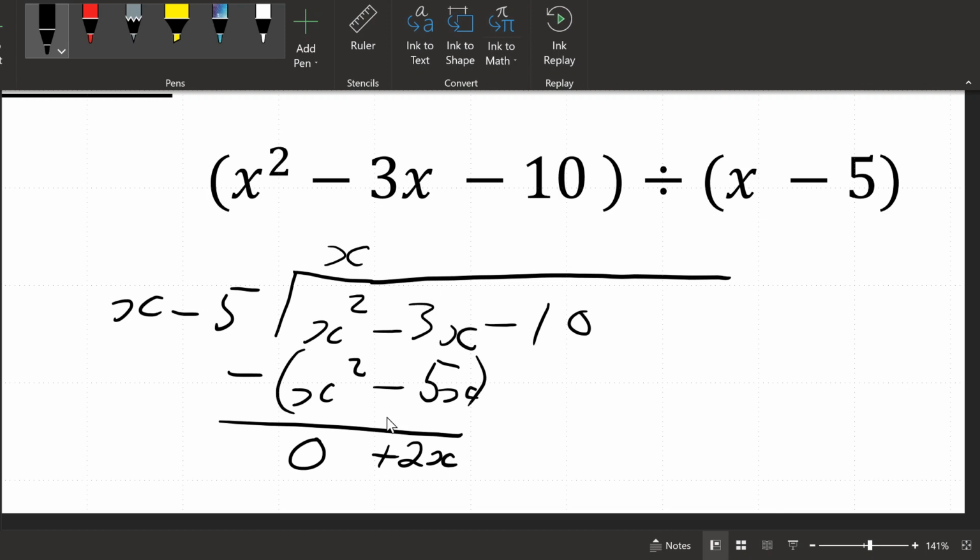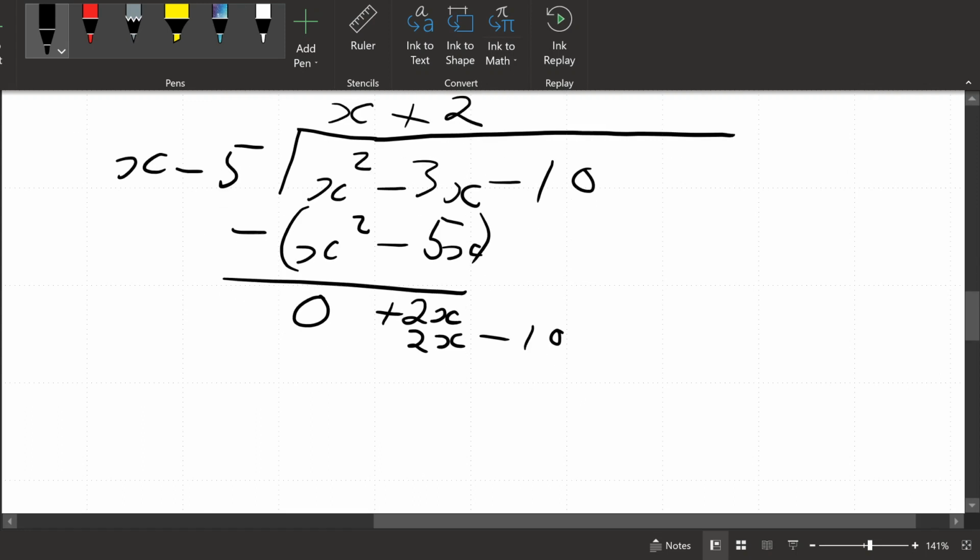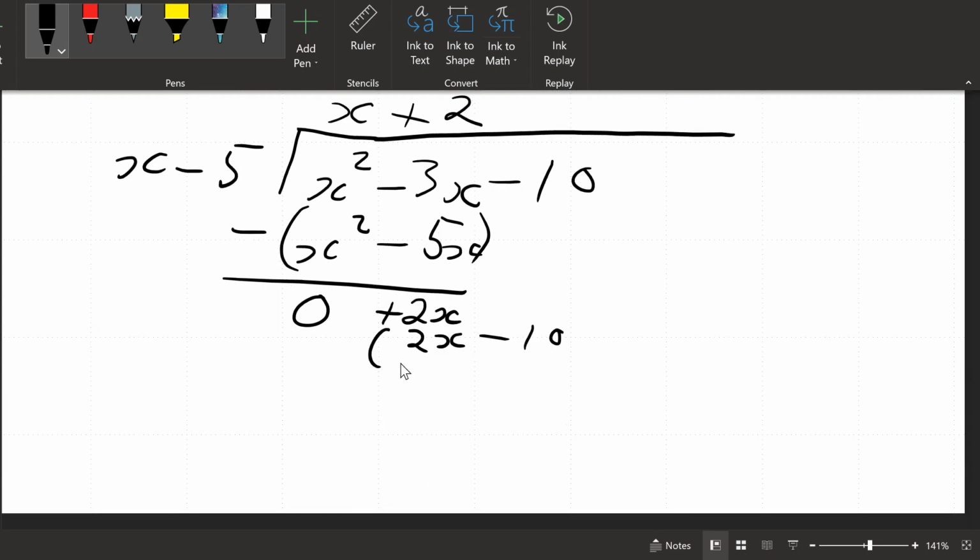Okay, what can we divide? What happens when we divide 2x by x? Well, we get plus 2. So 2x and negative 5 multiplied by 2. Take away 10. And we're just going to subtract that away again. Actually, I just need to write in the negative 10 there.